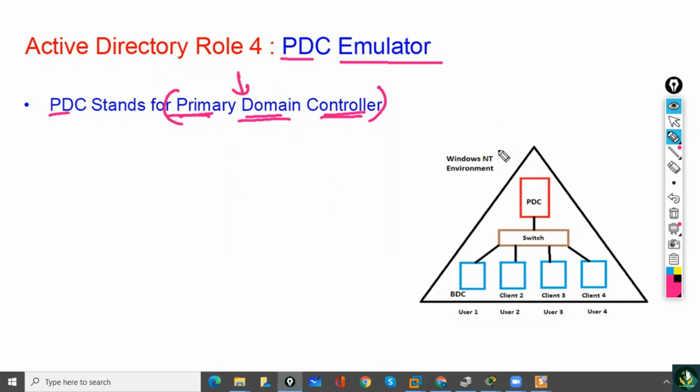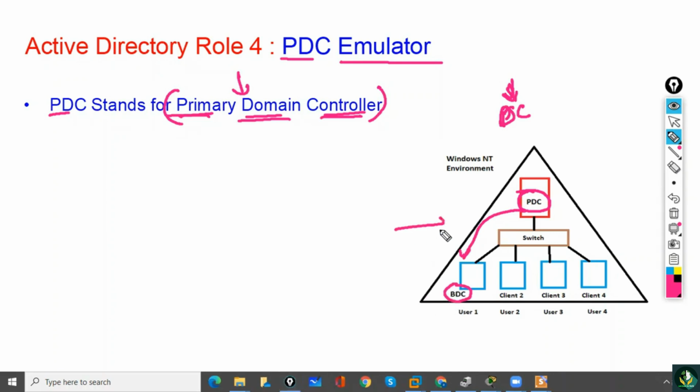If you go back to the Windows NT environment, in our older environment, we used to call the domain controller PDC, and our additional domain controller was BDC, backup domain controller.